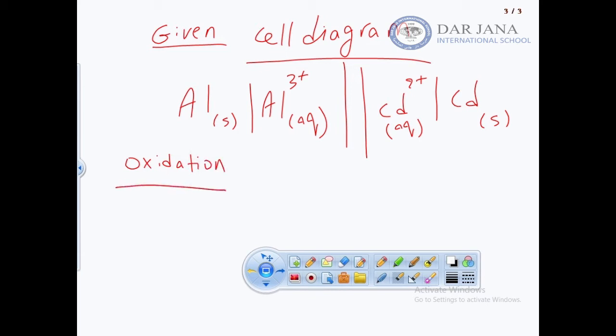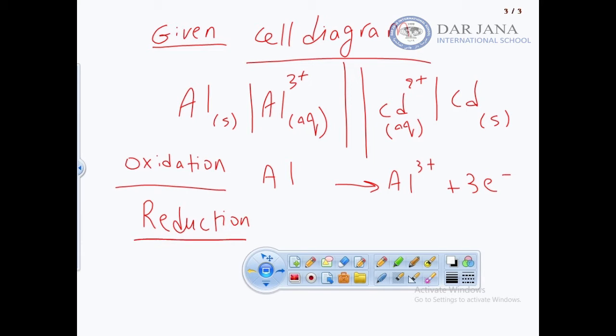Aluminum is oxidized, so we can write here Al and here Al3+. And how many electrons are needed to balance the Al3+? We add 3 electrons. The reduction half reaction is at the cathode.